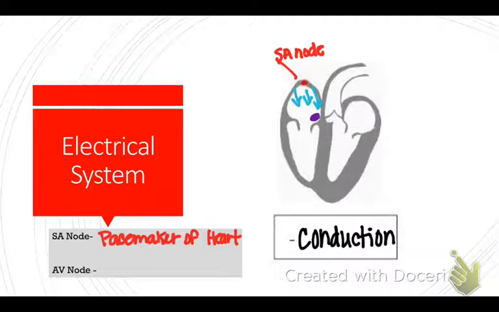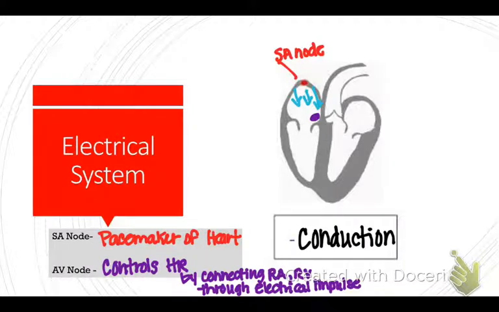So the impulse is normally started in the SA node, as it's the pacemaker of the heart, and the impulse travels through the SA node and depolarizes the atria, and then you've got your AV node, which controls your heart rate by connecting your right atrium and your right ventricle through this electrical impulse.